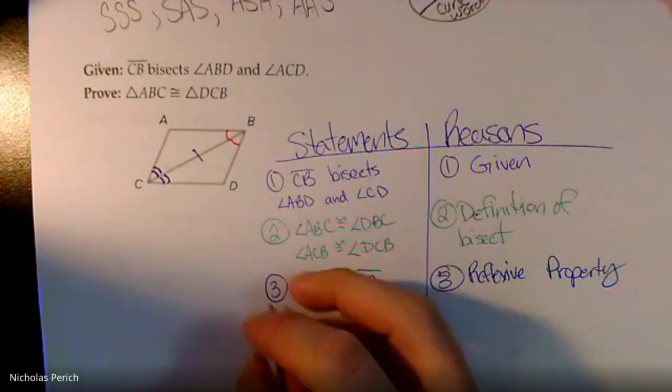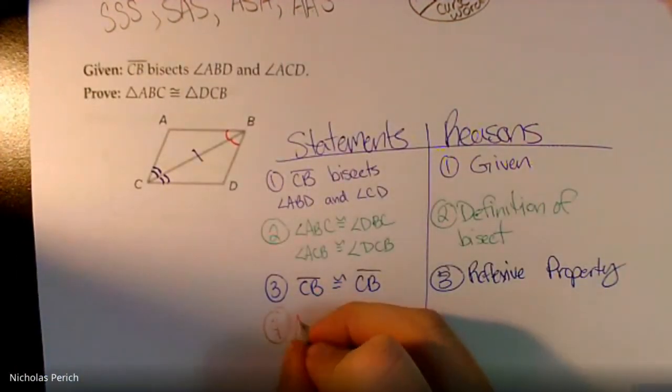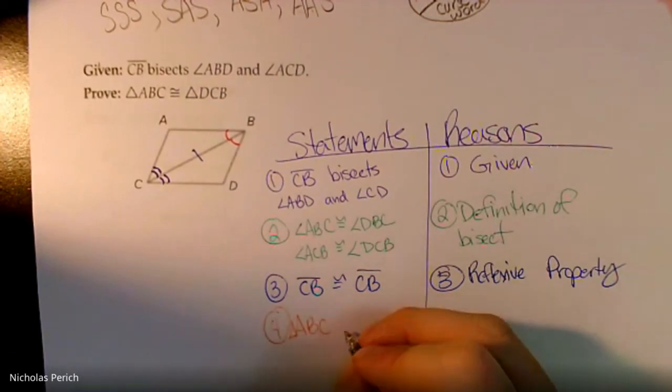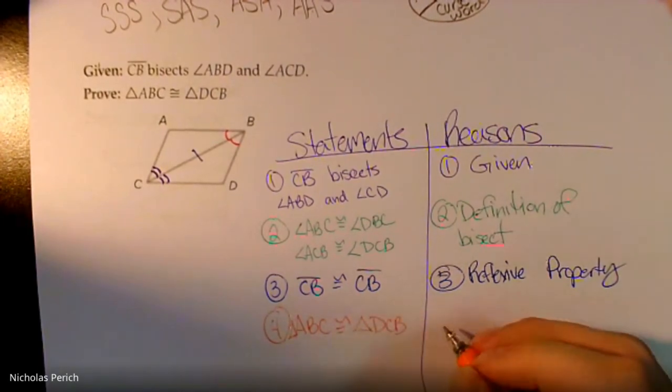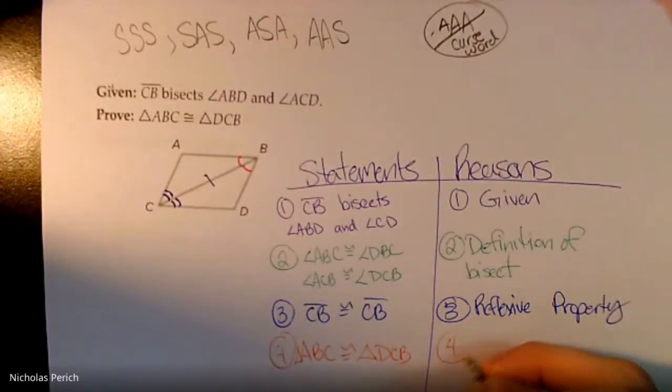So now, and that's one of these guys, I could say that triangle ABC is congruent to triangle DCB, and that's which of these four postulates that allows me to say that. Look at the picture up here. Which of these four postulates allows me to say that these two triangles are exactly the same?